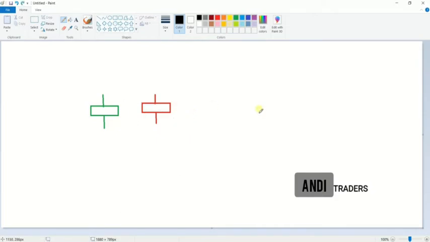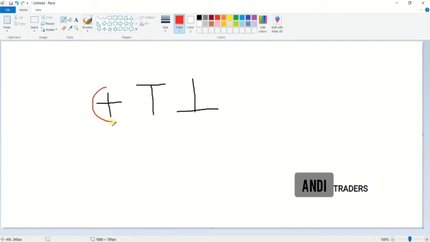So these are the spinning top candlestick, and the next candles are doji candlesticks: the doji candlestick, the dragonfly doji, and the gravestone. This candle shows us the buyers and sellers have equal power. The presence of the buyers and sellers is equal, so we can't decide whether the buyers will enter or the sellers.